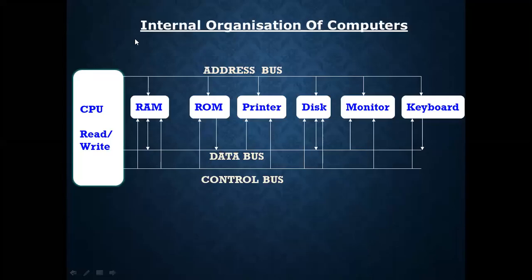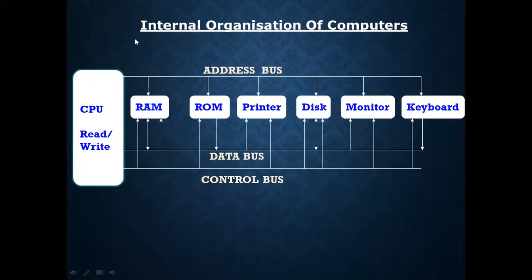Whenever some program is executed, the program is run onto the RAM, and whenever the program is stopped, the program is removed from the RAM. Clear? So random access memory is the actual memory of the computer.